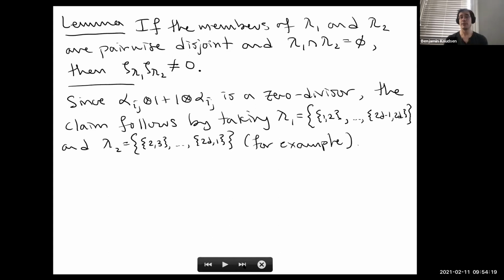And lambda 1 and lambda 2 here do satisfy these two conditions. Okay. So I should say that this strategy to prove this kind of bound is not due to me.